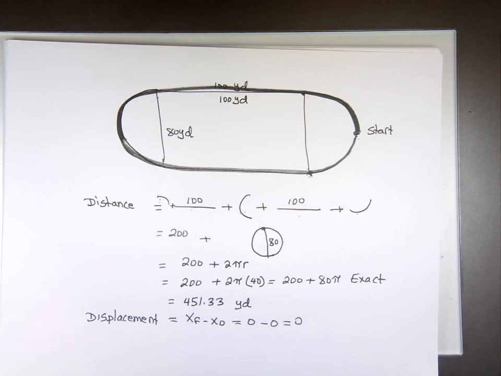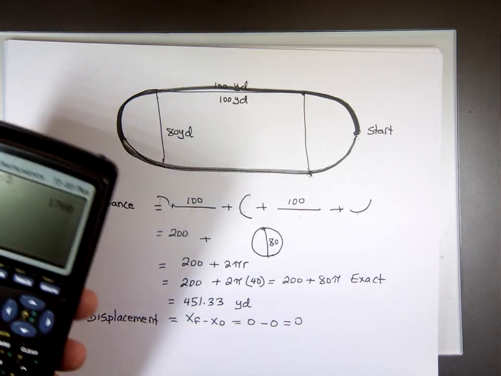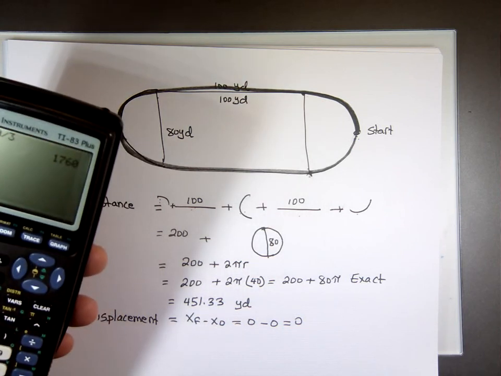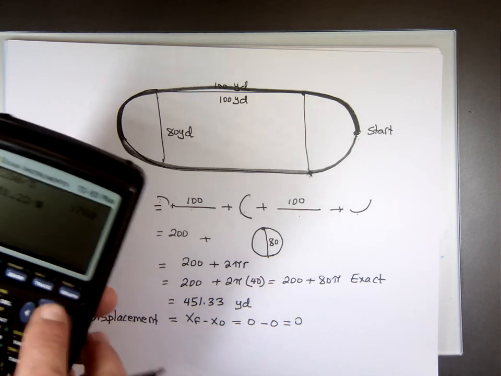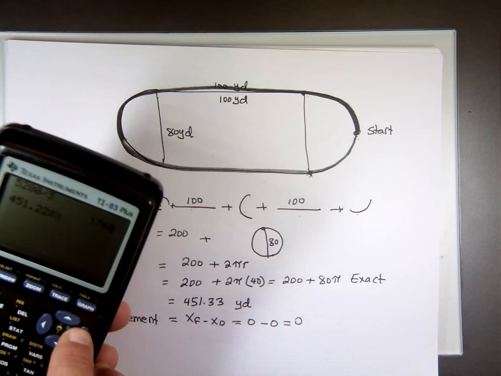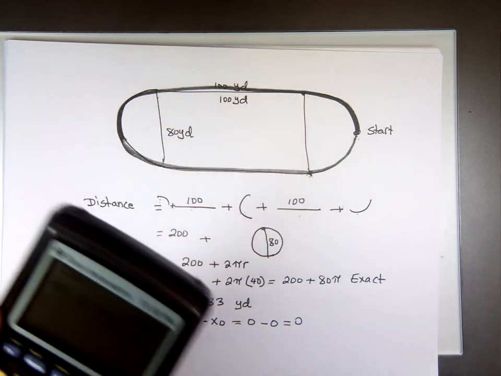A mile is actually 1,760 yards. So for one lap here, if you divide 451.33 by 1760, each lap is a quarter mile.